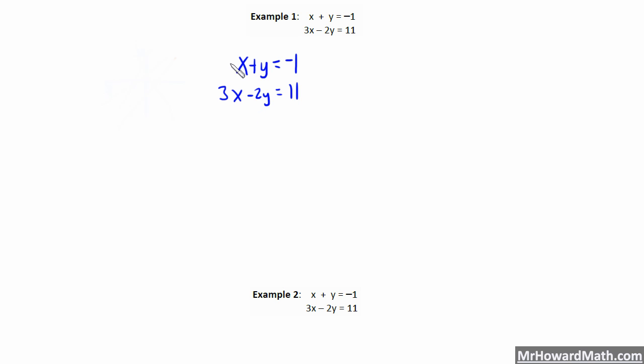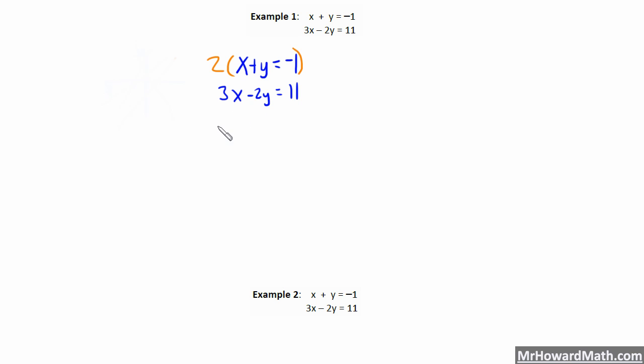The first thing that jumps out at me is to multiply this equation right here by 2. Multiply all terms by 2. That'll give me a 2y here, which will then cancel with this.